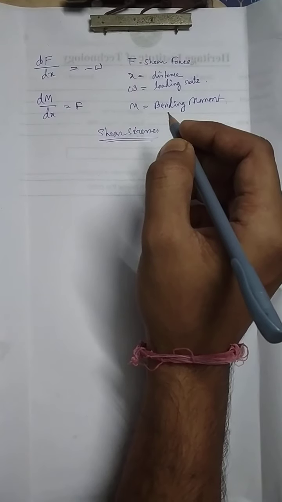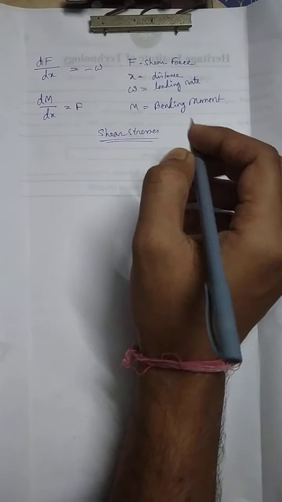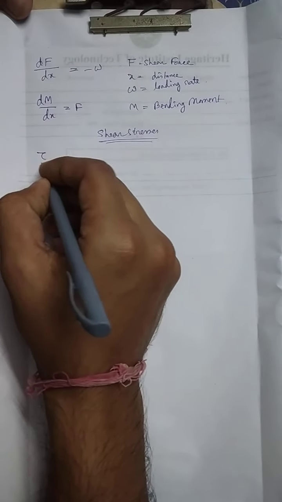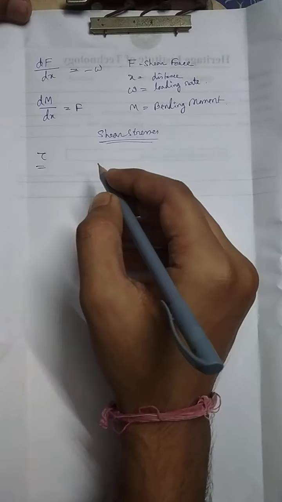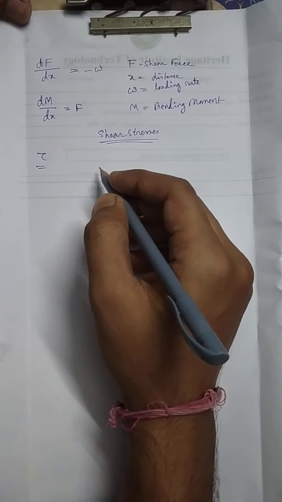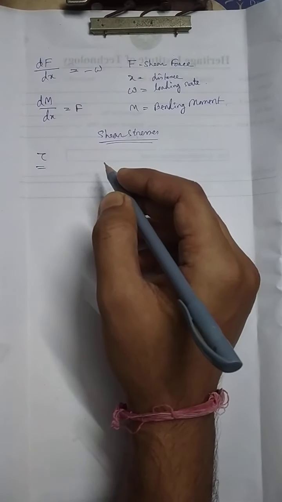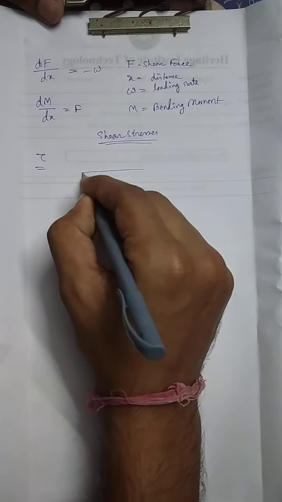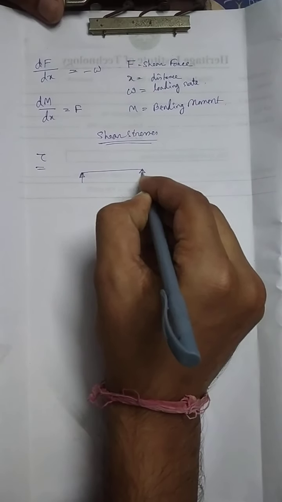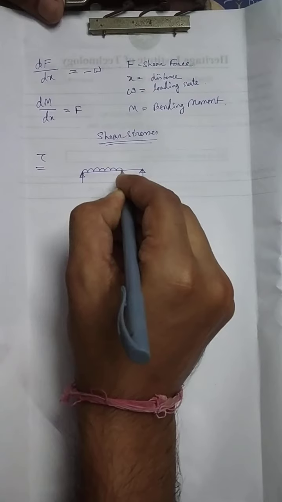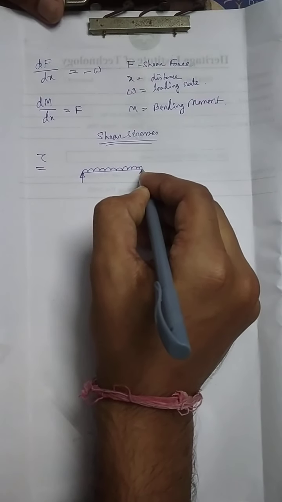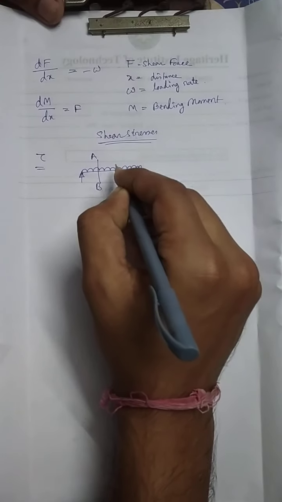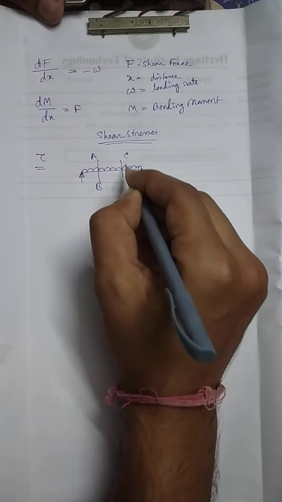Our job is to find out shear stress tau at any section. Now let us have a simply supported beam with uniformly distributed load, and there are two sections. One is AB, another one is CD.